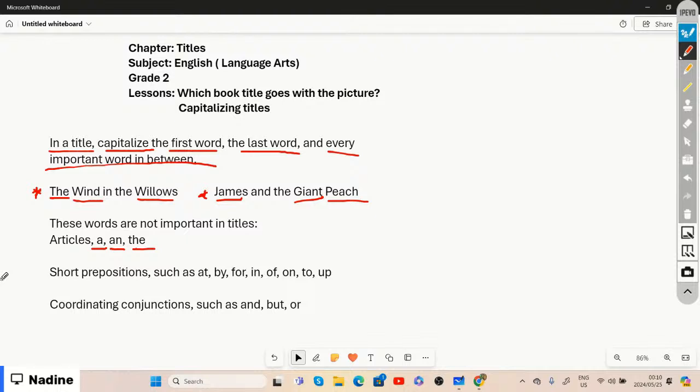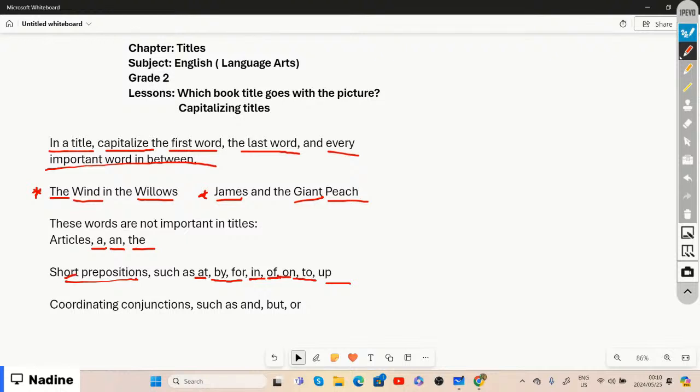We do not capitalize prepositions. So this is what we don't, and that is at, by, for, in, of, on, to, up.